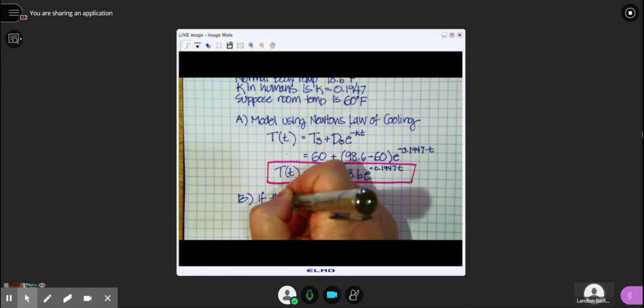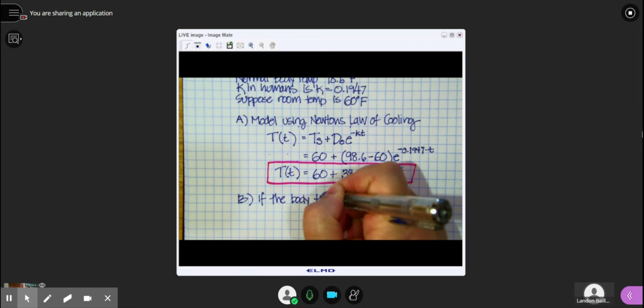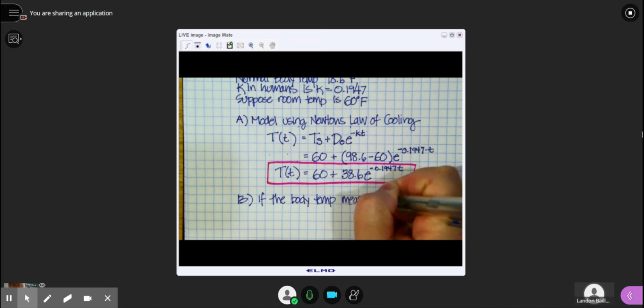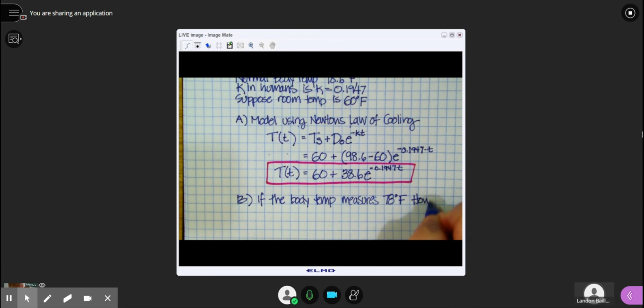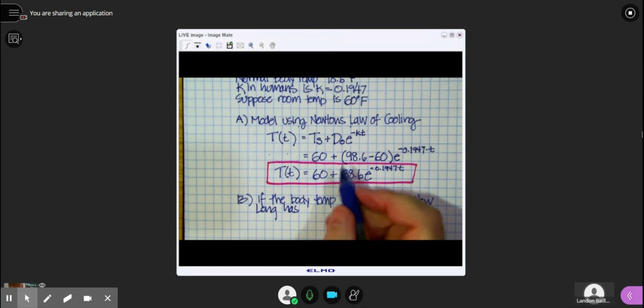If the body temp measures 78 degrees, how long has it been dead?